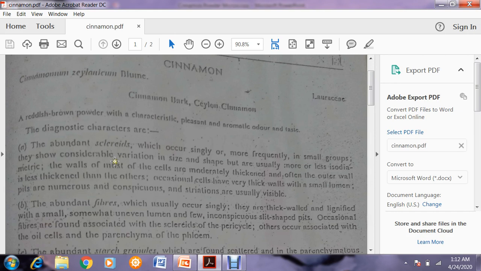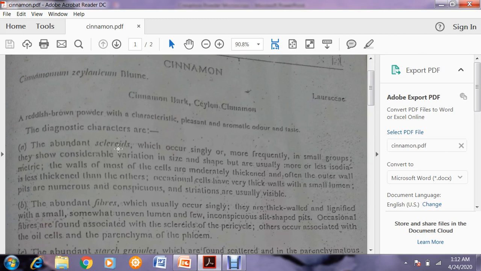As I told you in my previous lecture, there are different types of tissue systems in the plant or in the crude drug, and you have already read about the sclereids there.